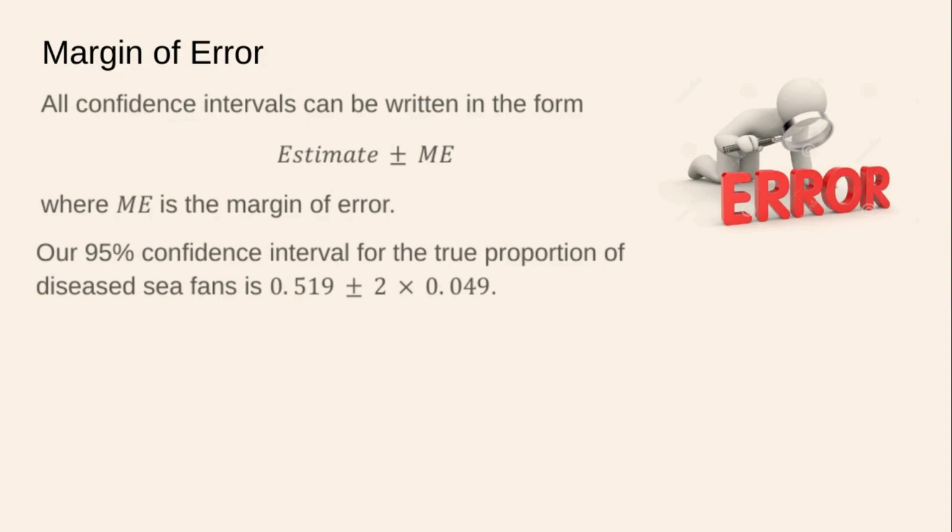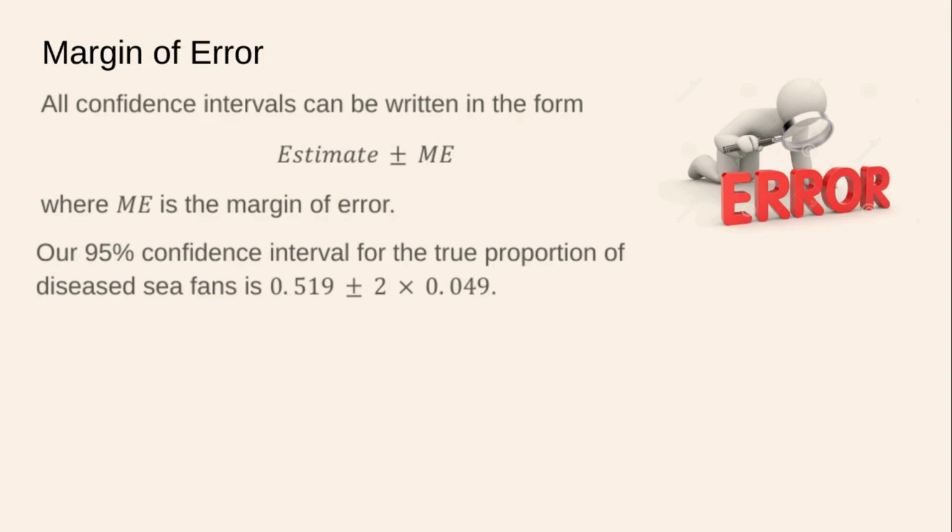Going back to a prior example, the 95% confidence interval for the true proportion of those diseased sea fans in that one reef off the coast of Mexico is 0.519. That's my point estimate, my one number guess at the true population proportion of diseased sea fans, plus or minus 2 times 0.049.